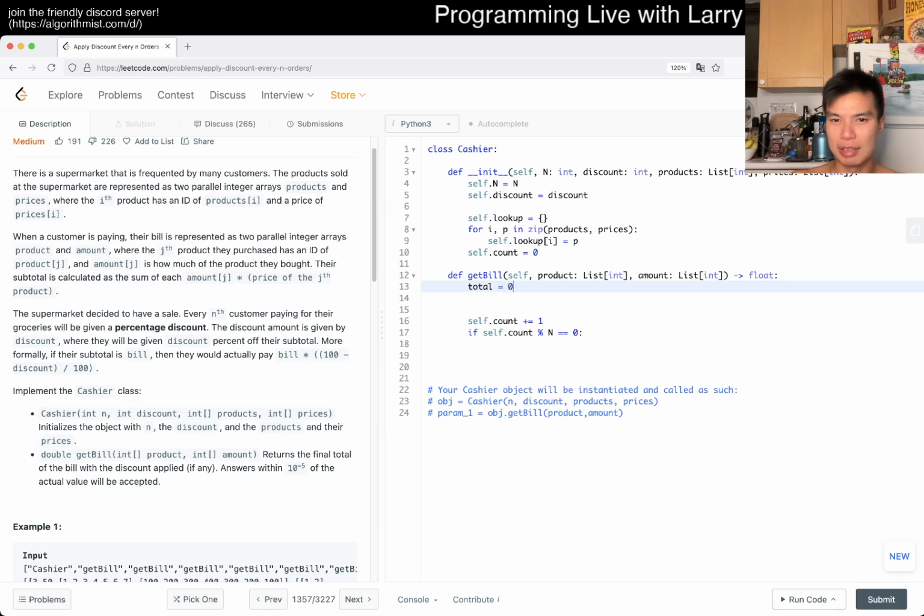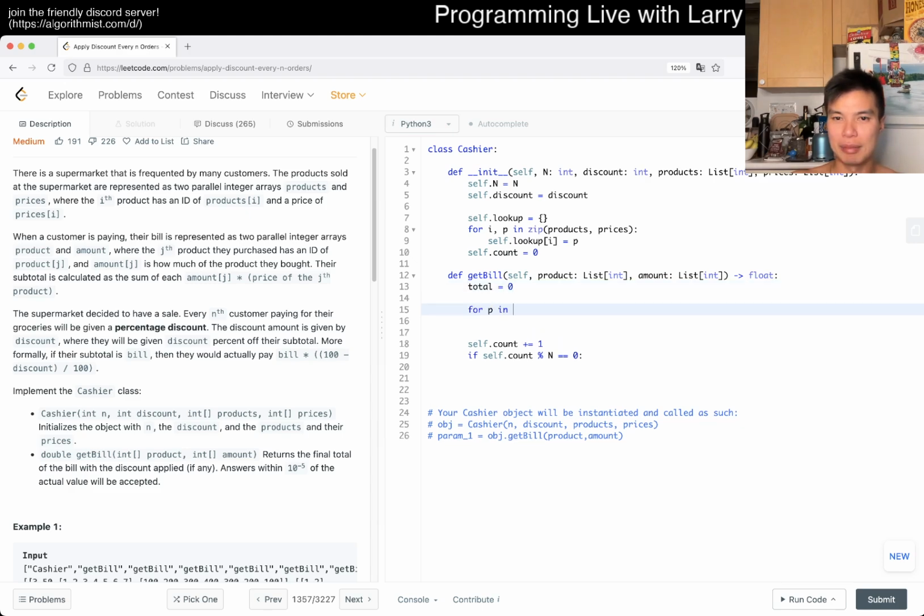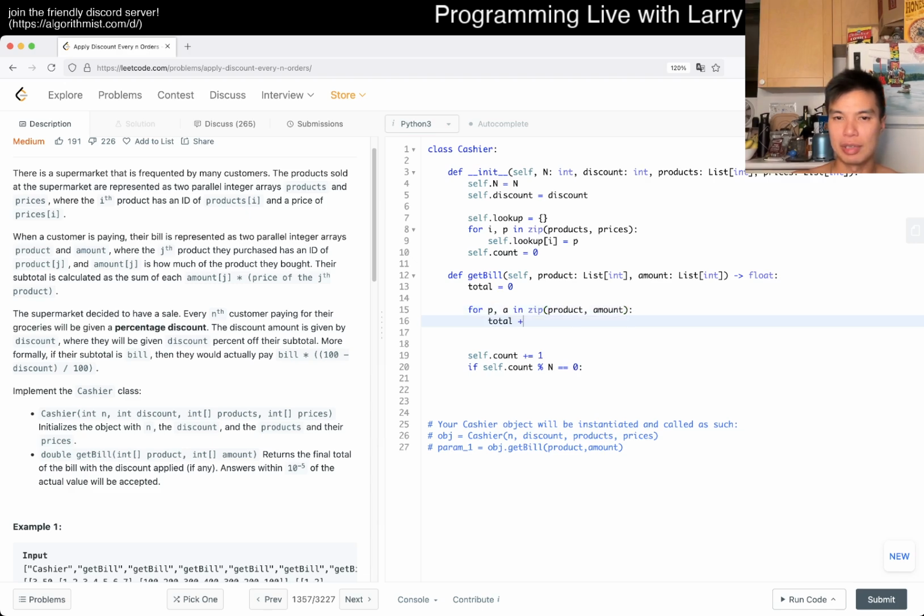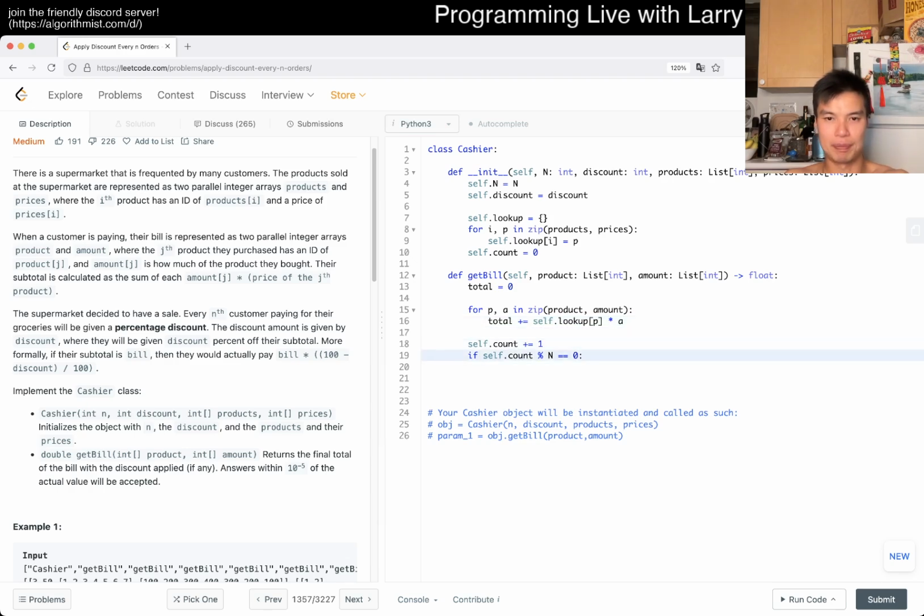The total is equal to 0, and then for P, A in zip of product, amount, right? To the total, we add self.lookup of P times A, assuming that it exists. If not, we'll just have to check for it.